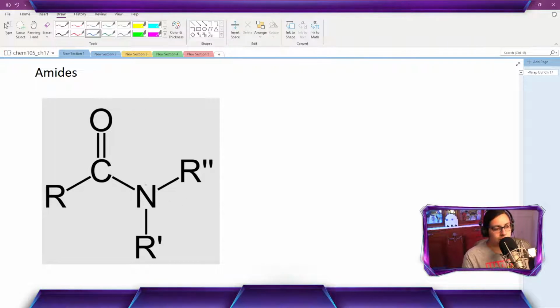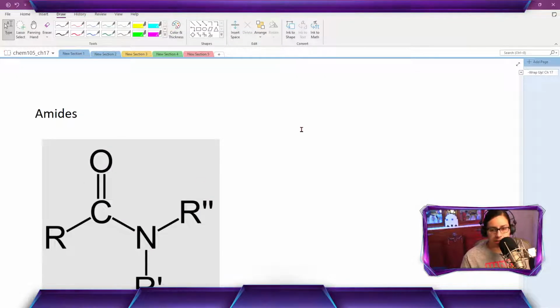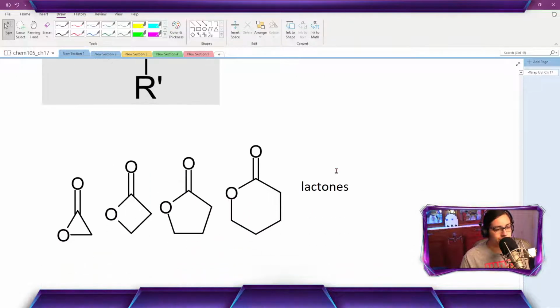And again, nitrogen can have this lone pair that can go. And so these are amides. And then cyclic carboxylic acid derivatives are called lactones here.